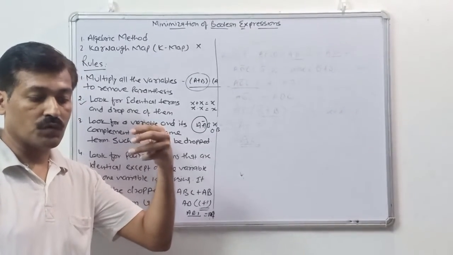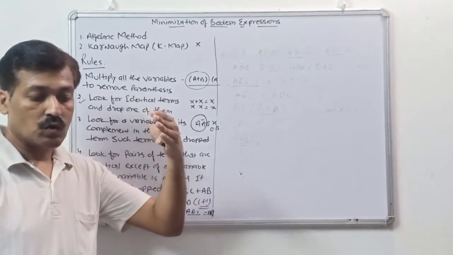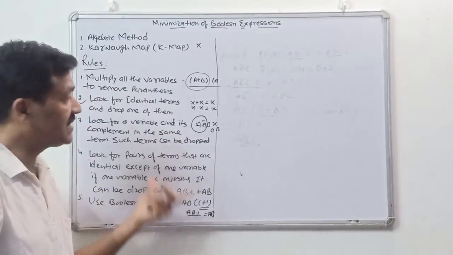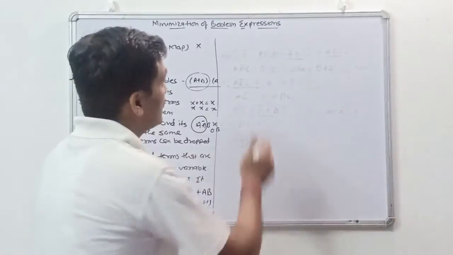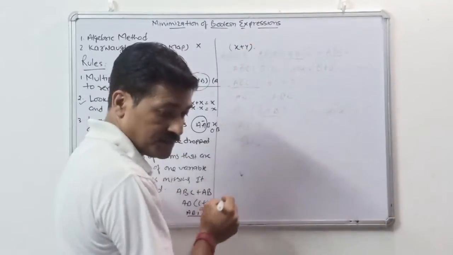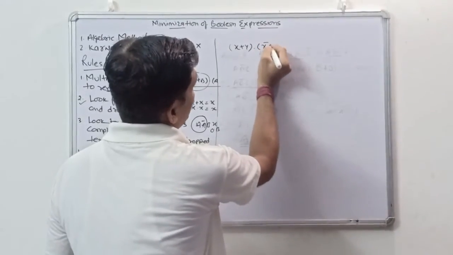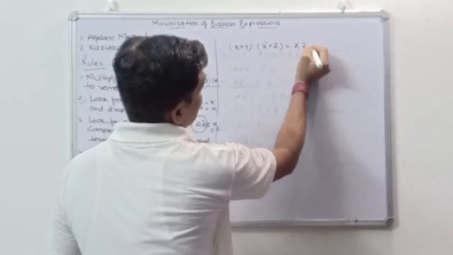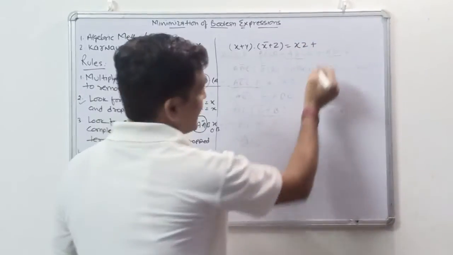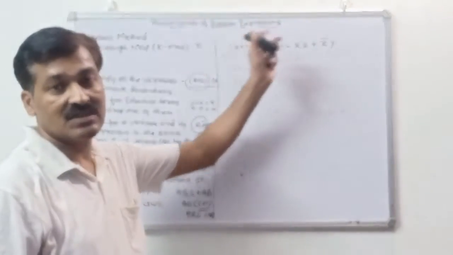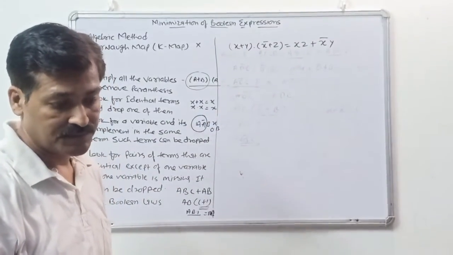Whenever we are going to prove any expression, we should remember these terms in our mind. The expression is x plus y into x bar plus z equals xz plus x bar y. We have to prove LHS equals RHS.